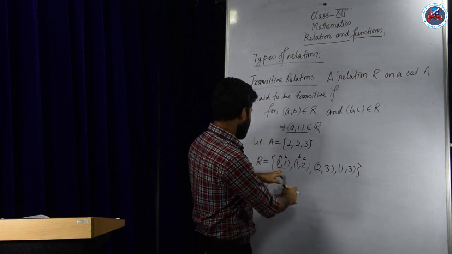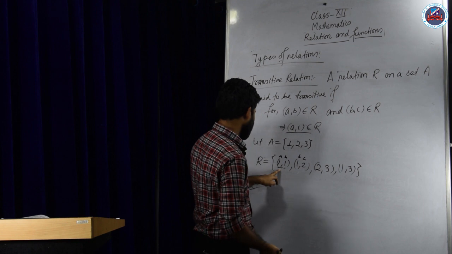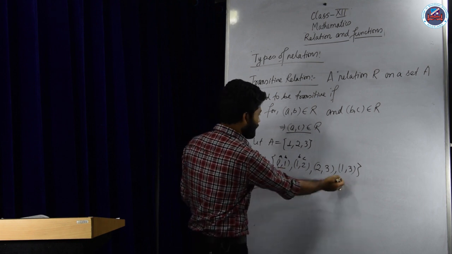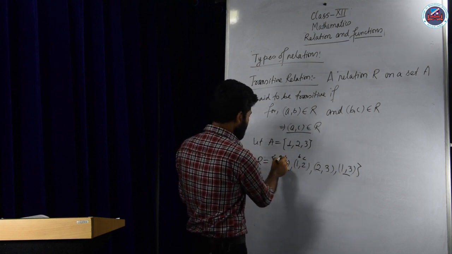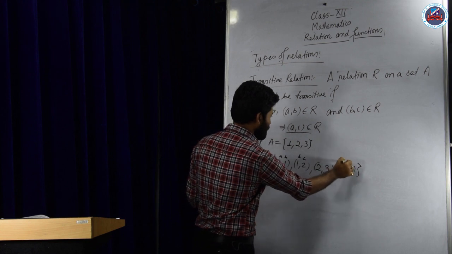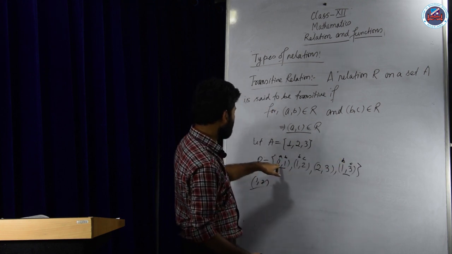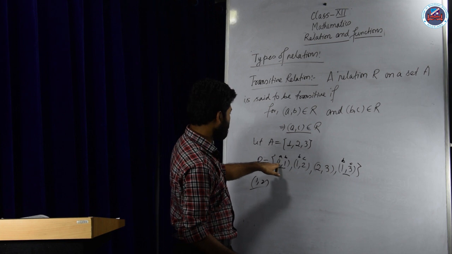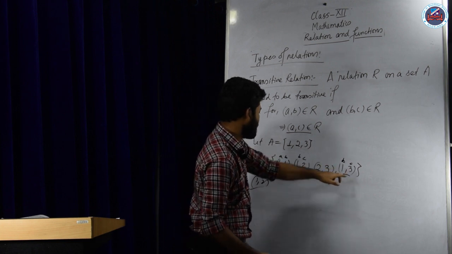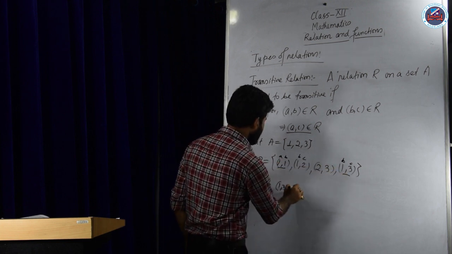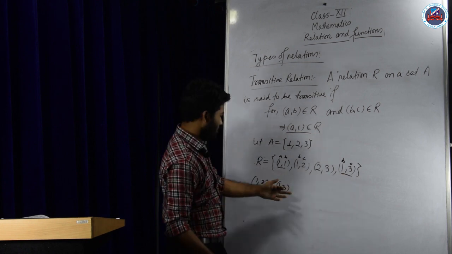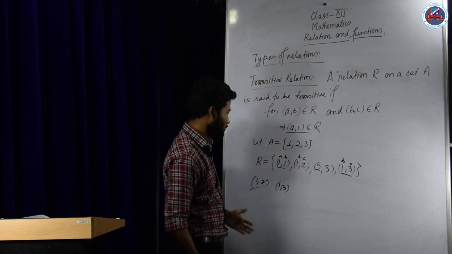Next, let us check it with (1,1) and (1,3). This is our (a,b), this will be our (b,c). Then you have to take the first element from here and the last from here. So (1,3) is also here, isn't it? So for these two it also holds.